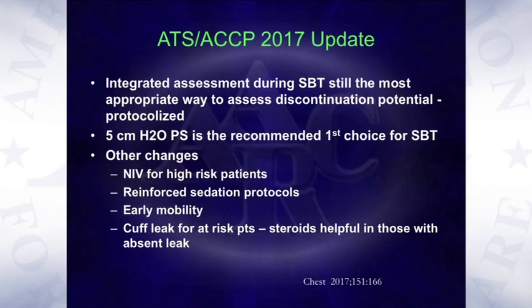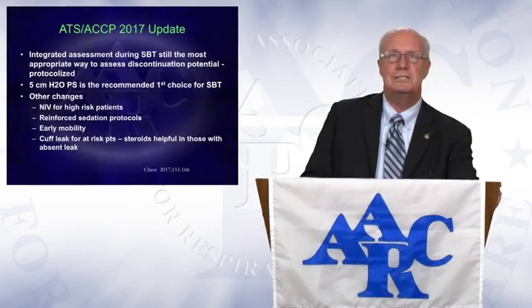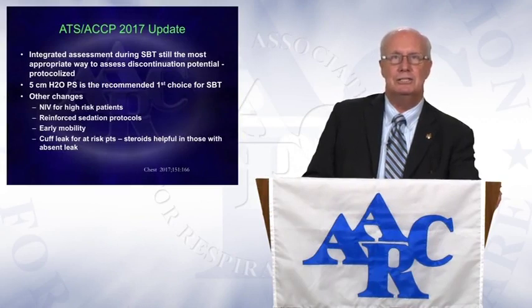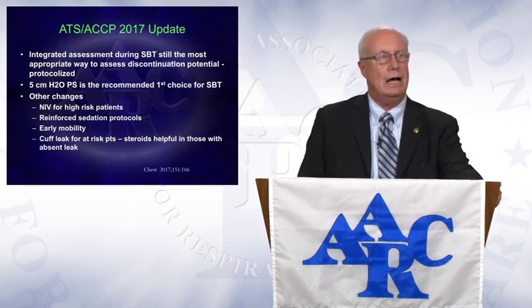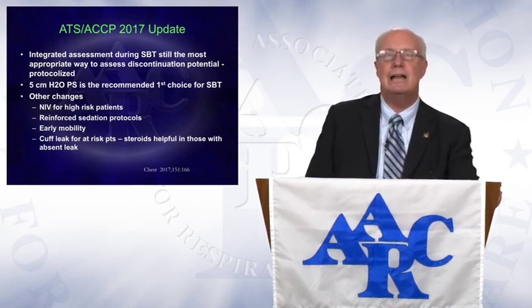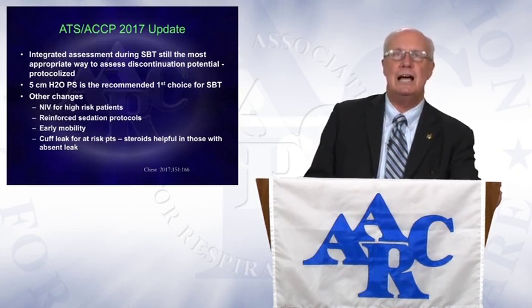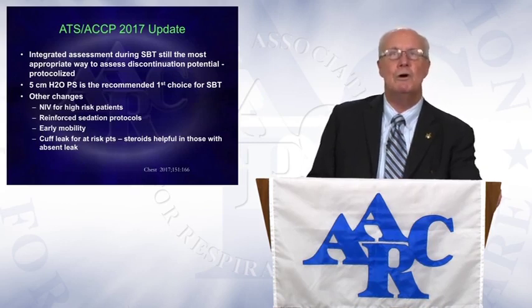While I have no objection to using pressure support, I'm going to go out on a limb here and once again repeat that I'm not convinced that you have to go to pressure support. I think the other approaches can also work depending upon clinical situation. Other changes: non-invasive ventilation received a lot of interest in these updated guidelines and addressed the issues I just covered a few moments ago.